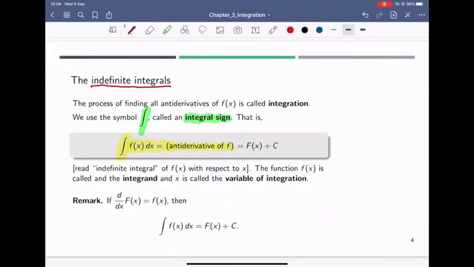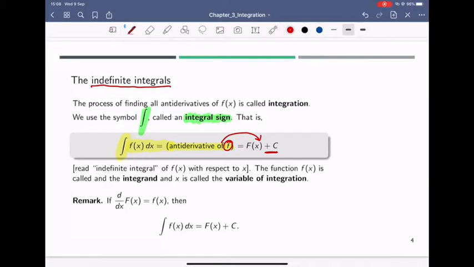Which means if I give you a function small f here, you can find a capital F, which is your antiderivative of small f, and then you have to add c because when you take the derivative of a constant, you get 0.